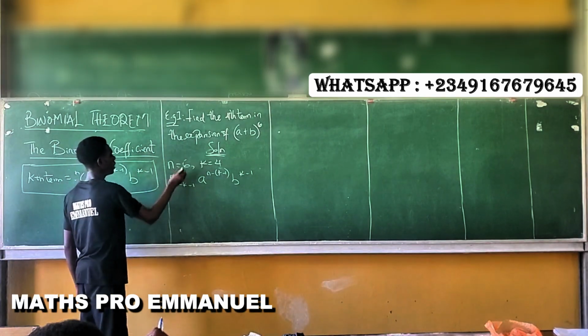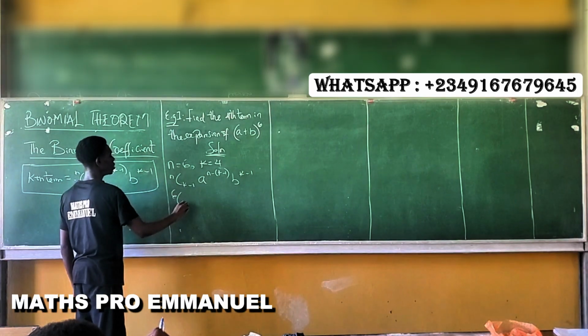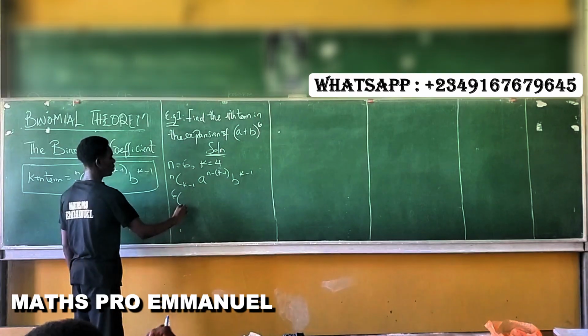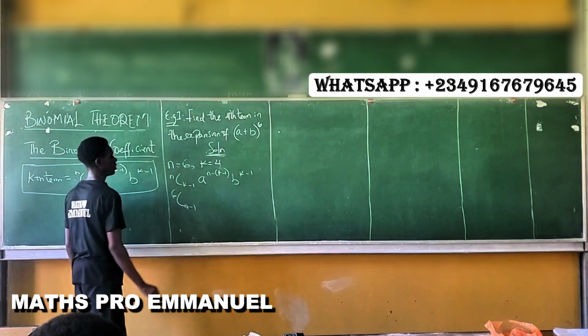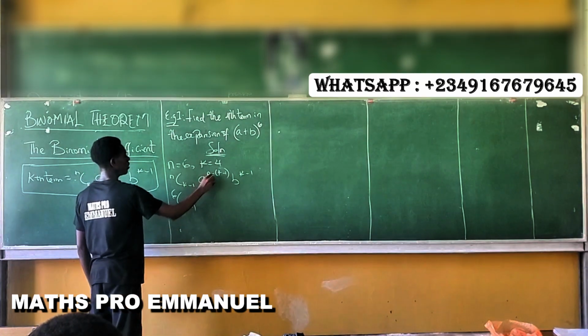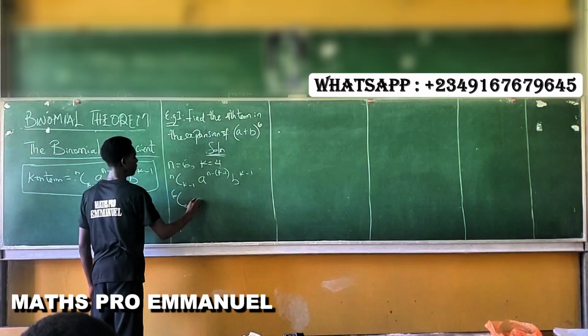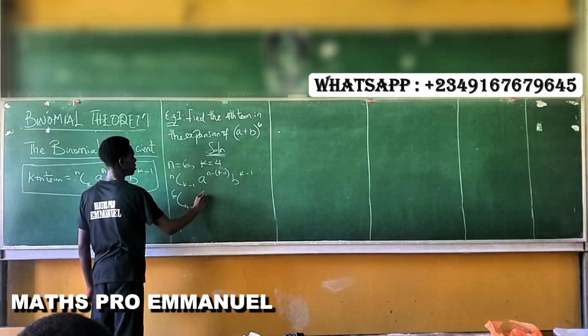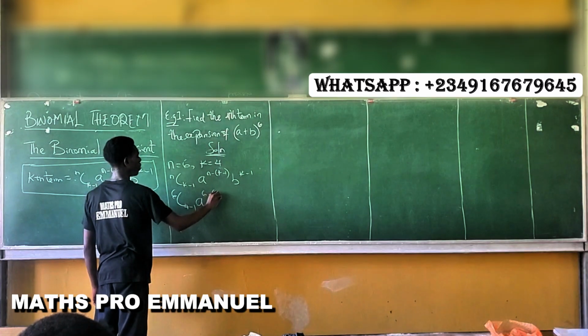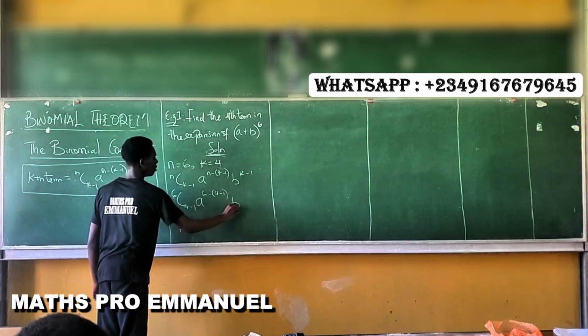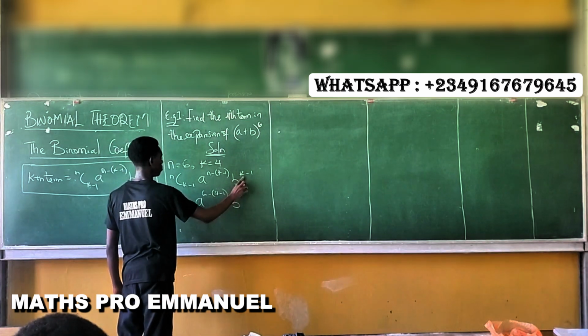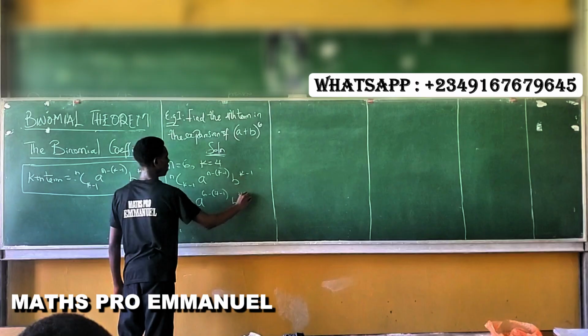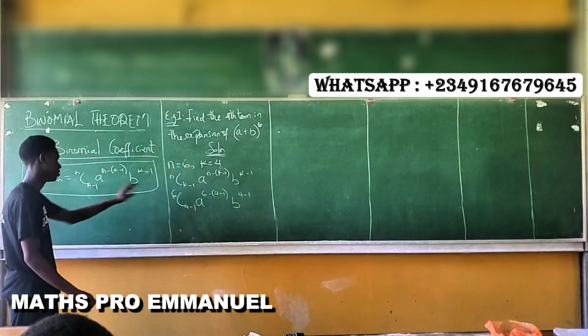Now you know that n is 6, so I'll have 6 combination (k minus 1), which is 4 minus 1. Then a is a here, so I'll have a raised to the power of (6 minus (4 minus 1)). b is raised to the power of k, which is 4, minus 1. I'm just using the formula.